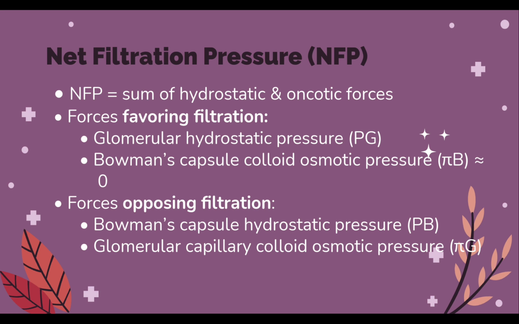What are the forces favoring filtration? They are the glomerular hydrostatic pressure and the Bowman's capsule colloid osmotic pressure. Usually we calculate Bowman's capsule colloid osmotic pressure as 0. What are the forces opposing filtration? They are the Bowman's capsule hydrostatic pressure and the glomerular capillary colloid osmotic pressure.